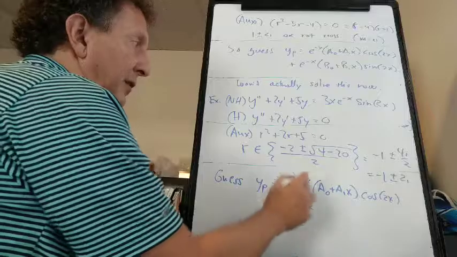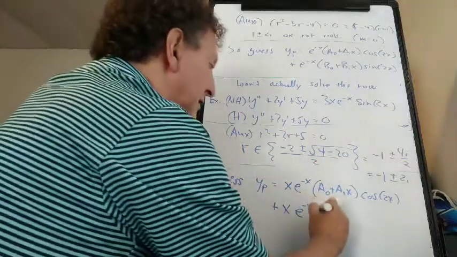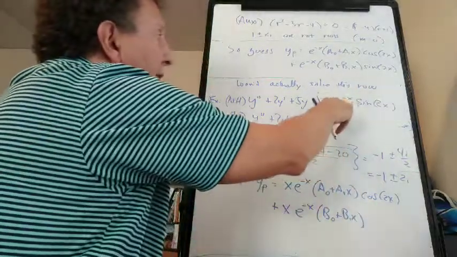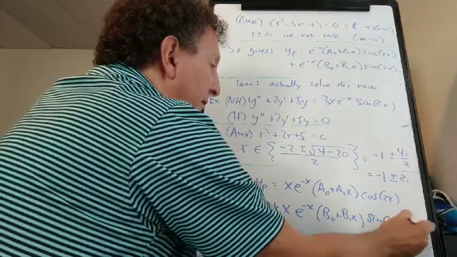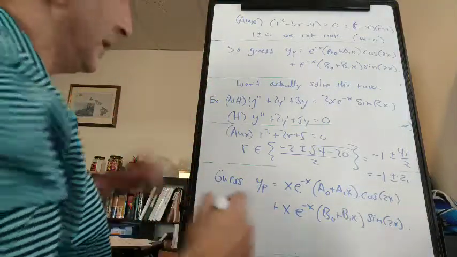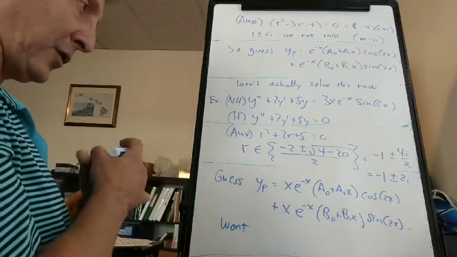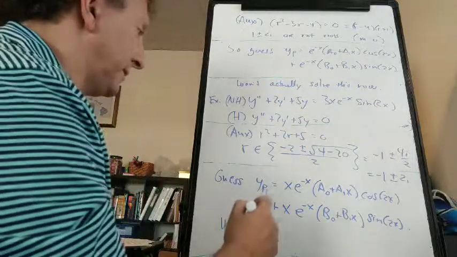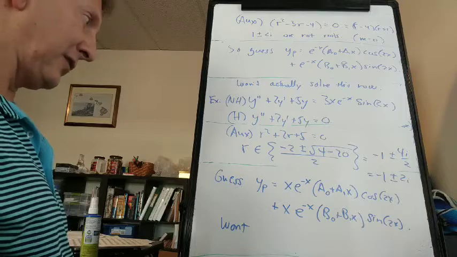This first x is for the multiplicity of this root appearing in the auxiliary equation. (b naught plus b1x) for the 3x here, and then sine of 2x. Again, I won't actually solve this because it's going to take so many product rules that, I don't know, too much work. But I want you to see how to form the guess for the particular solution.